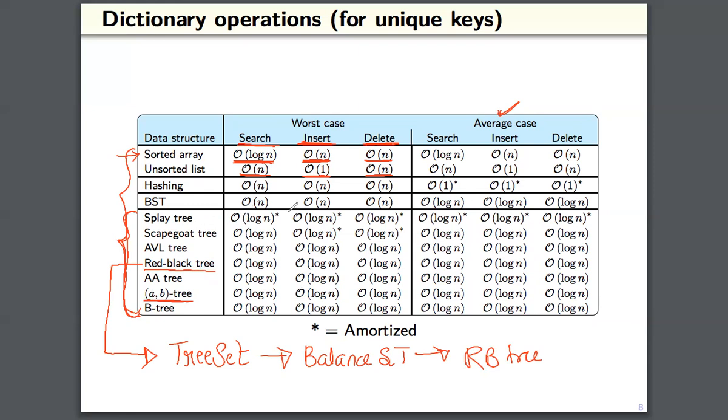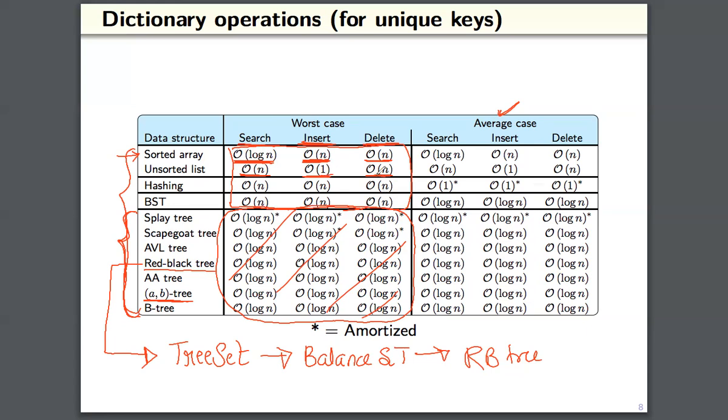Now look at the beauty of all these operations. All these operations are log n time. Insert, delete, and search, everything is log n time. Beautiful, right? If the worst case is log n, the average case has to be log n, right? Okay. Now look at this. At least one of these entries for every other data structure is n.